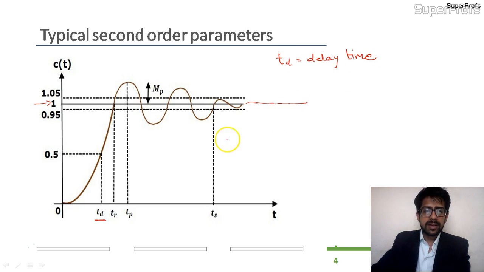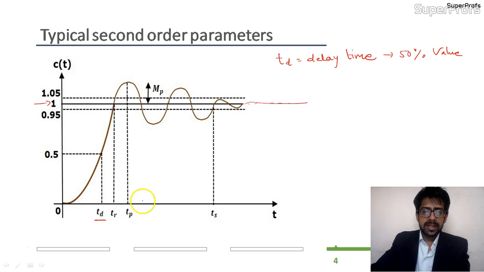Delay time, as you can see, is nothing but the time required by the output to reach the 50% value of the desired output initially. So delay time is nothing but time taken by the output to reach its 50% value.